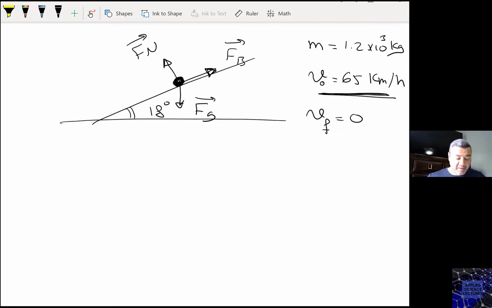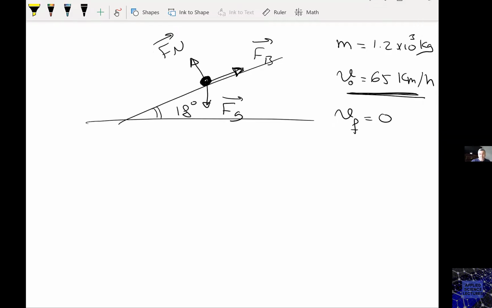Okay. So in this case, we will use the motion equations.